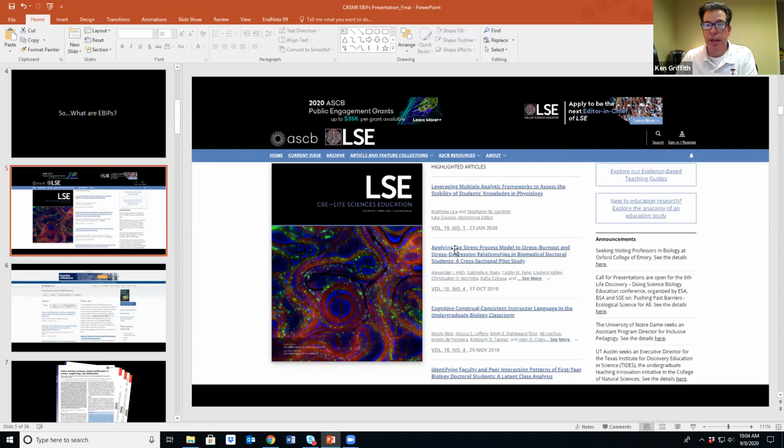If you've ever heard that term, discipline-based education research, that is typically an acronym that is reserved for STEM disciplines. So there's math education research, biology education research, physics education research, and so on. Physics education research is really the longest standing DBER discipline.